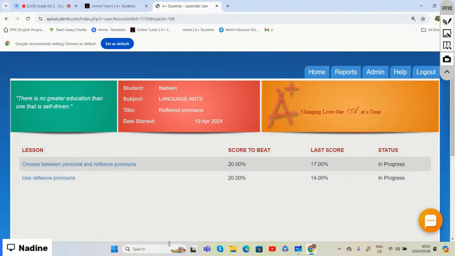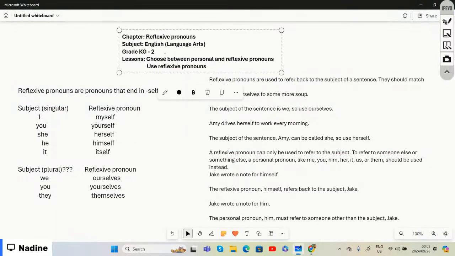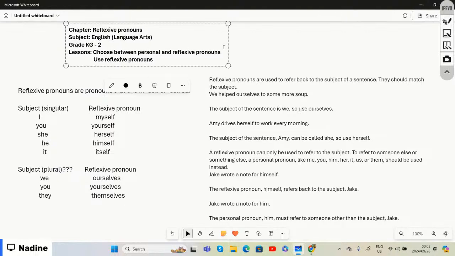All right. So our chapter is reflexive pronouns. Our subject is English language arts. We're doing kindergarten to grade 2.